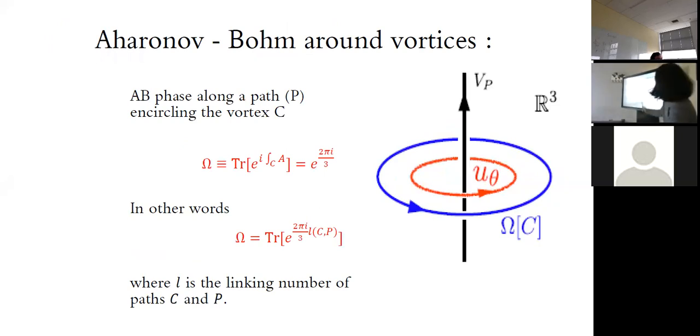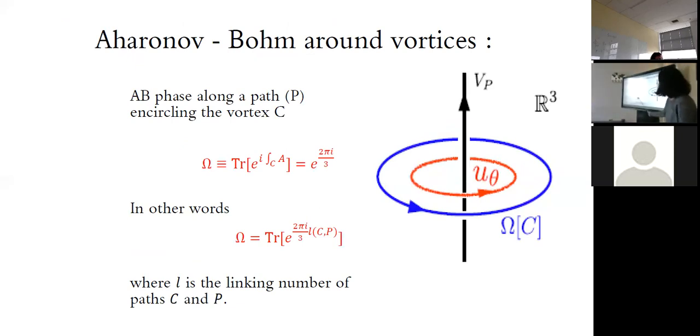Now you compute the Aharonov-Bohm phase by doing this line integral. And what you find is that the phase is e to the plus or minus 2 pi i over 3. I haven't written the minus here. Really, plus or minus depends on whether you're computing the line integral in the direction of the superfluid flow or opposite to it. So that's what I'm trying to capture here.